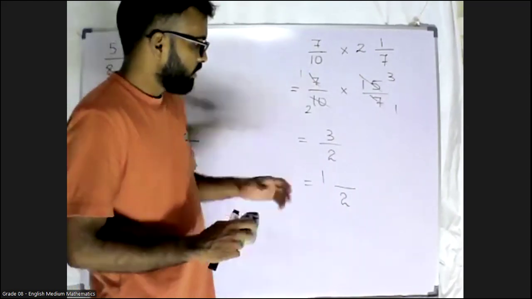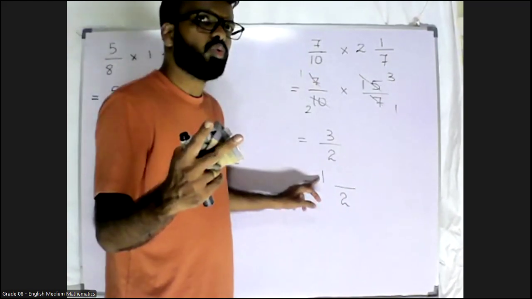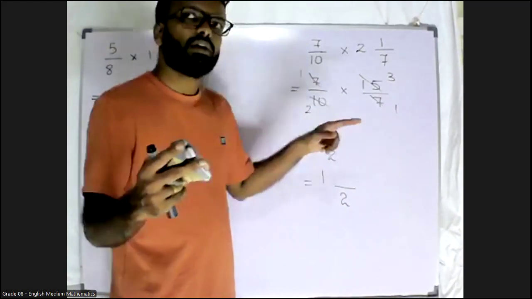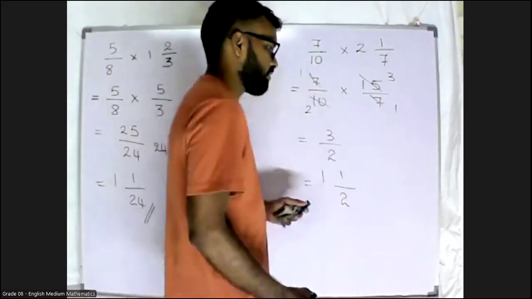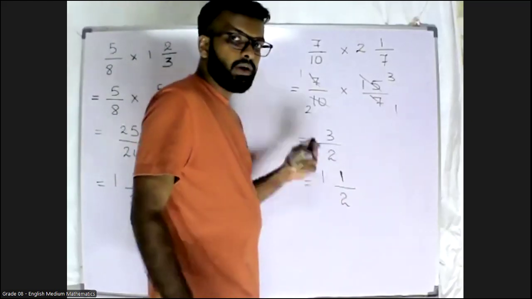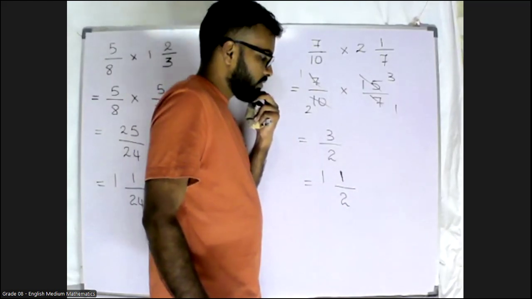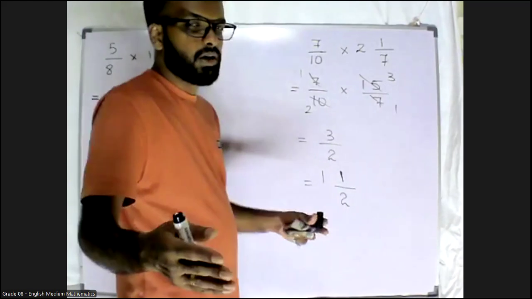Now, 2 times 1, 2. That means 3 minus 2, the remainder is 1. So, it becomes the numerator. This method you will catch with age.